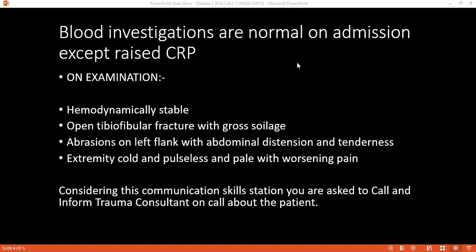So do you think this patient is urgent? Yes, this is urgent because of the possibility of the vascular injury and the intra-abdominal collection.